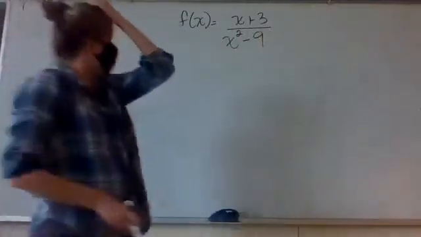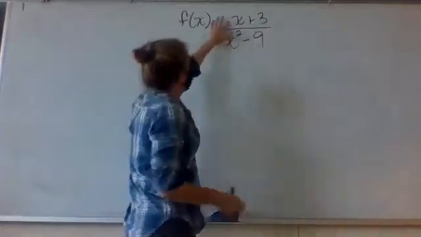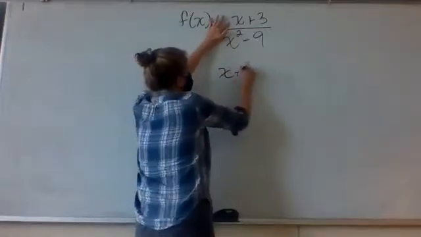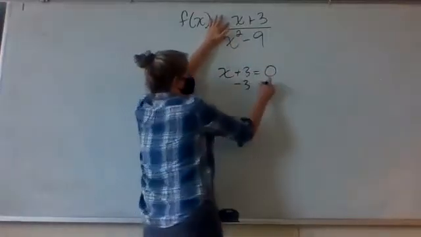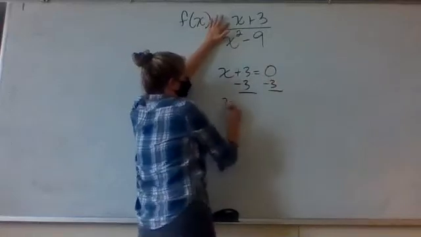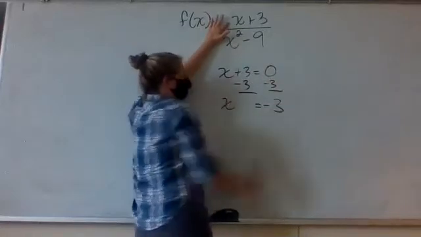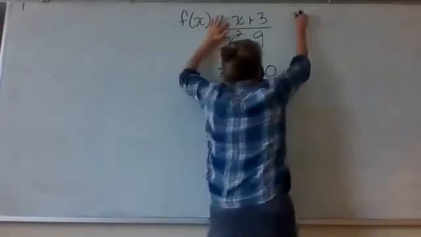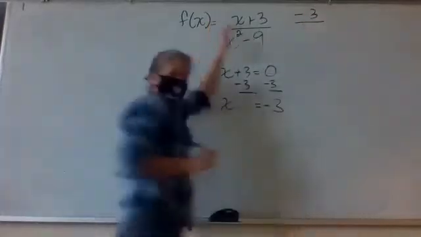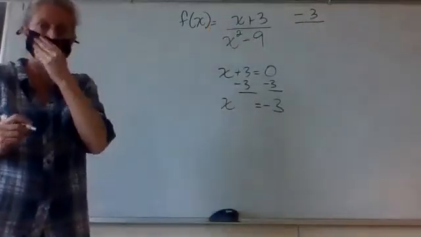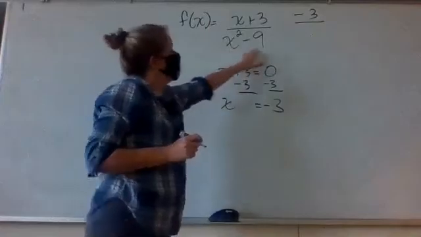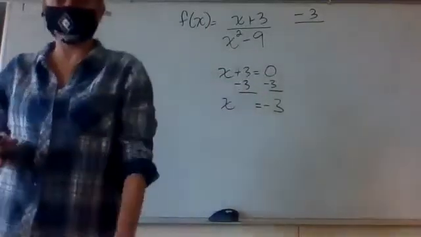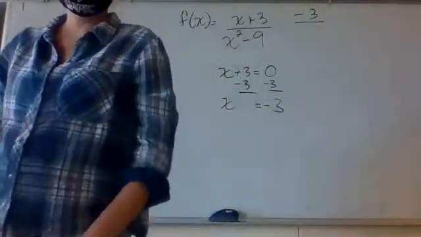All right, let's find the zeros. The 0 of the numerator means set x plus 3 equal to 0 and solve it. So I'll subtract 3 from both sides. So x equals -3. So the 0 of the numerator is -3. The denominator, again, that's a difference of squares, like we saw earlier.